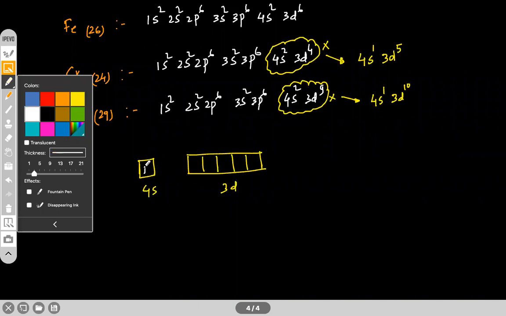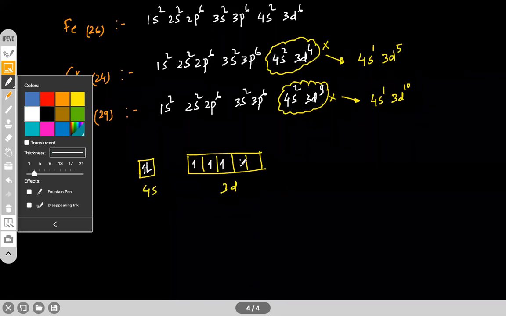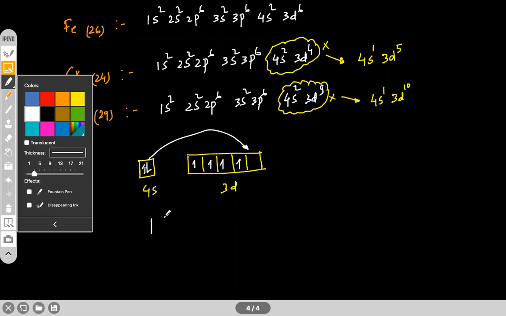It has 2 electrons, 4s2 initially. But suppose one of these electrons jumps into this orbital, then the configuration becomes 4s1 and 3d5, from 4s2 and 3d4.